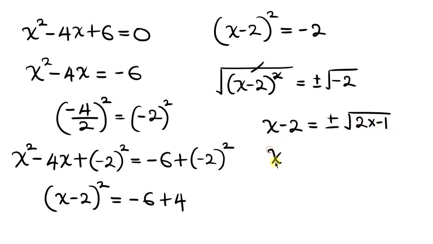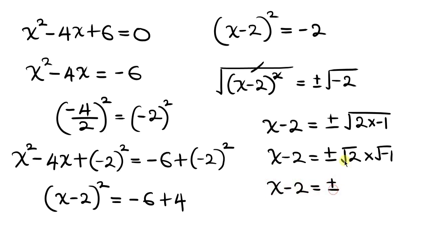So this is x minus 2 equal to plus or minus. This can be expressed as the square root of 2 times the square root of negative 1. So x minus 2 is equal to plus or minus the square root of 2 times the square root of negative 1, which is i, which is iota.